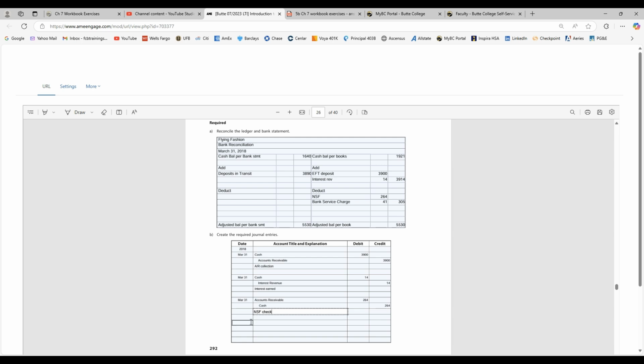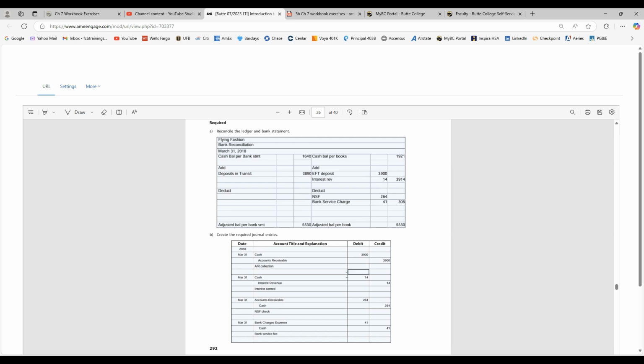So we'll say NSF check, and then finally, we've got a bank charges expense, reduction in cash, and this is $41 for our service fee. And we'll say bank service fee. Okay, and that's everything on this side, all four.